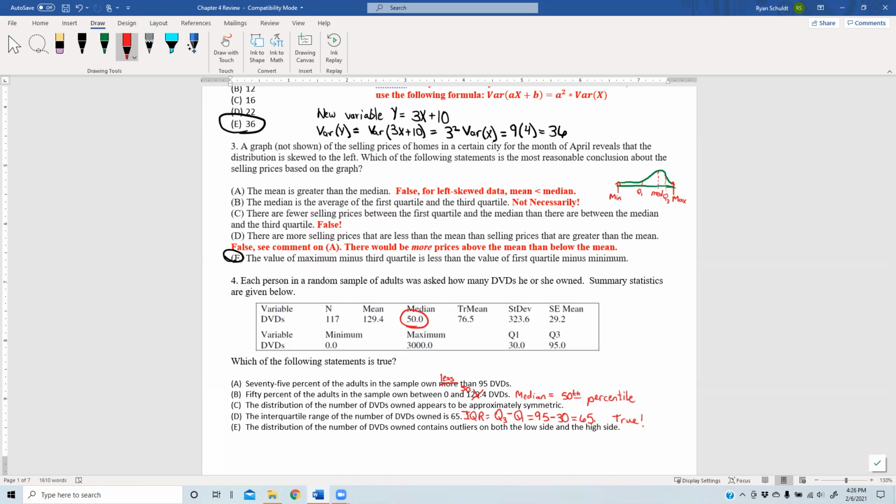And let's see why. Let's actually calculate what the outliers would be. So if I did Q1 minus 1.5 times IQR.